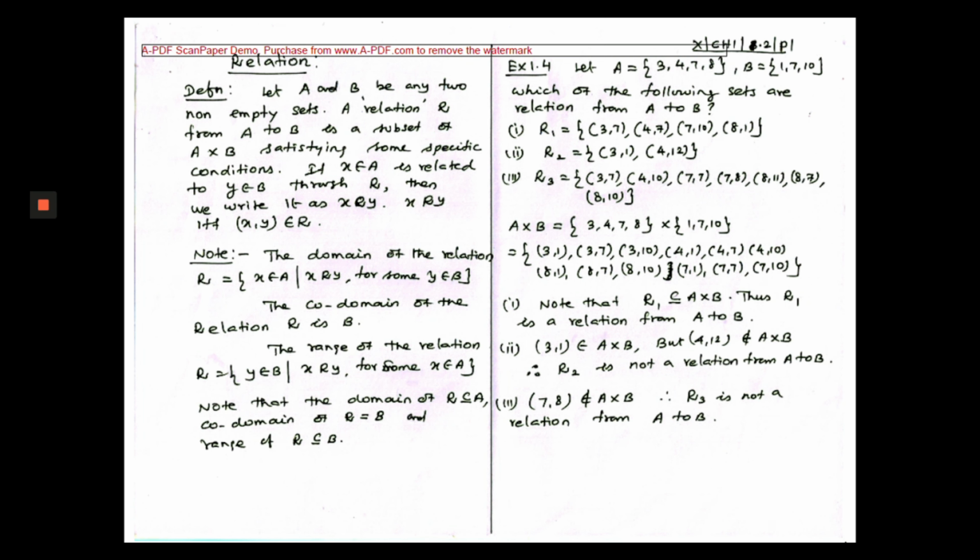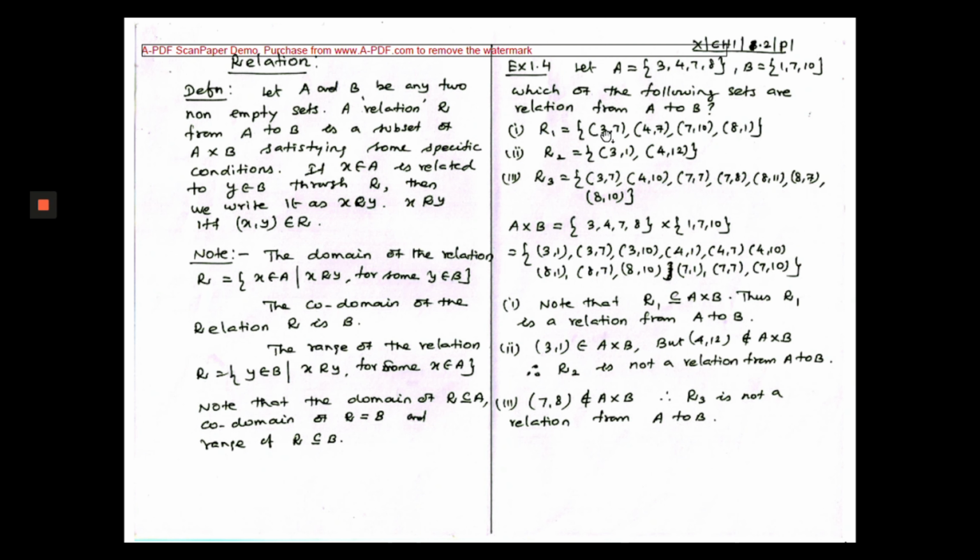You check whether R1 is a relation or not. Relation means what? The definition of relation is the relation R is a subset of A cross B. If it is a subset of A cross B, then we can say that it is called a relation.